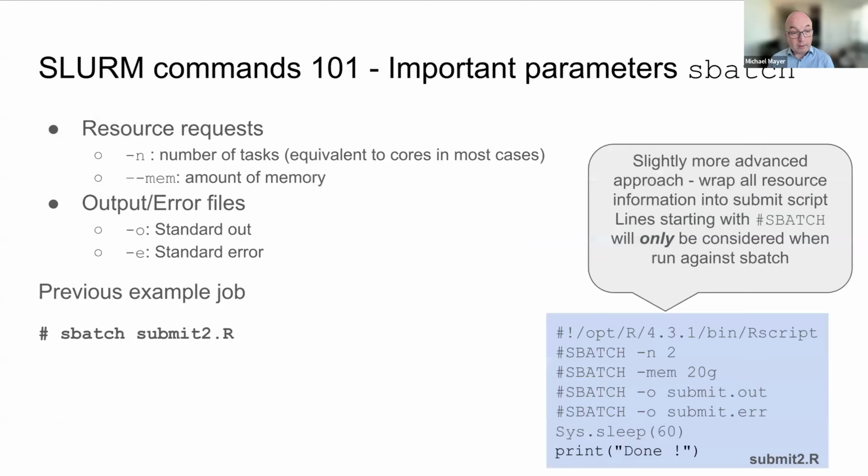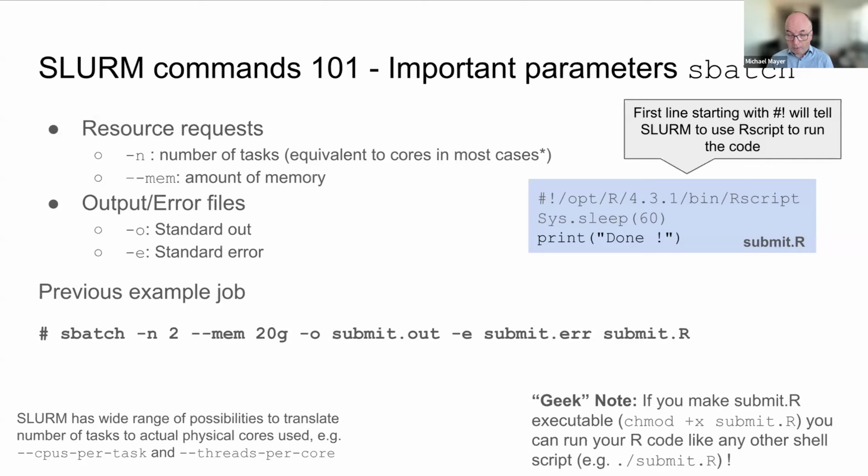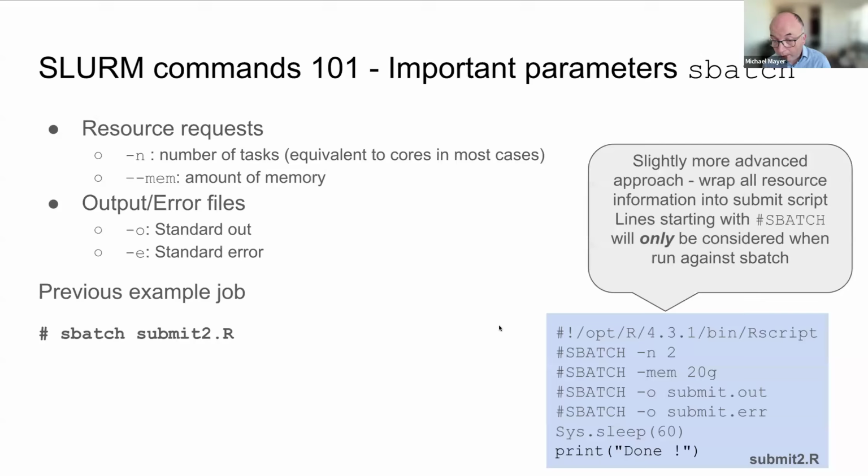Okay, so that's that, and of course, you can take this approach even further, because sometimes you don't want to remember that your job took 2 cores and 20 gigabytes of memory. So you can even add those resource requests as separate lines that are comments to R, for example, or to bash.